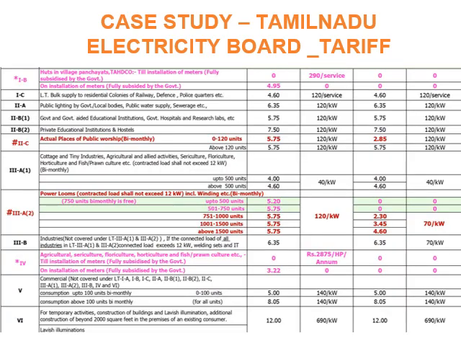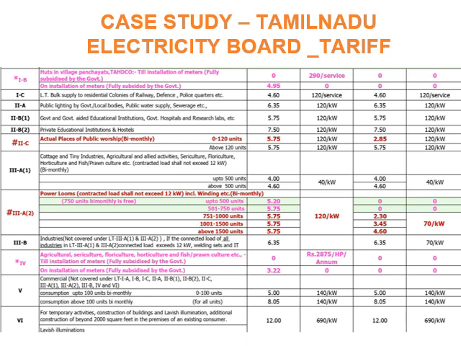So this is another section of that tariff. This is for huts in villages, low tension bulk supply, public lighting, government educational institutions, private places of public worship, cottage industries, power looms, industries, agriculture, commercials, and temporary activities.